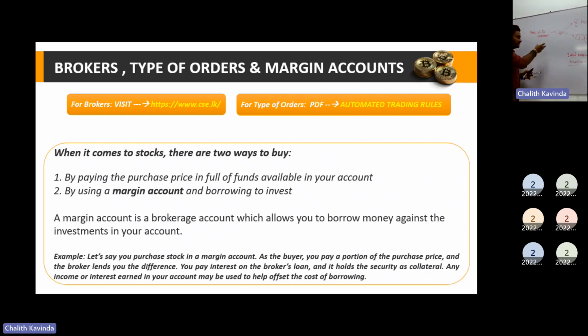Depending on the value in your account, they will decide the initial margin. For example, if the value in your account is 100, initially they will provide 50%. Accordingly, the value will be 150. So this is the value of your account, and based on this, they will provide you the loan. We call this the margin.